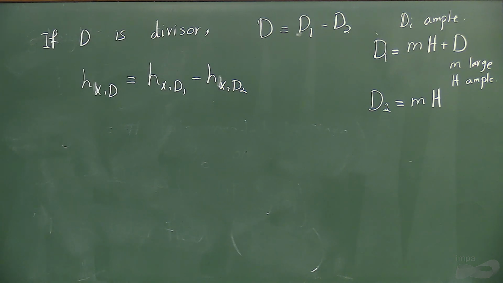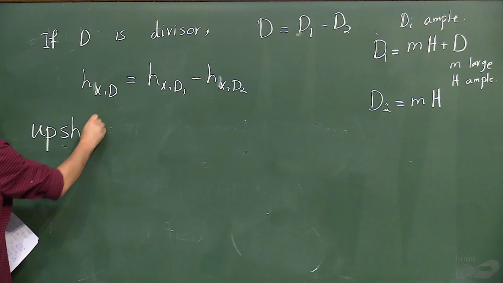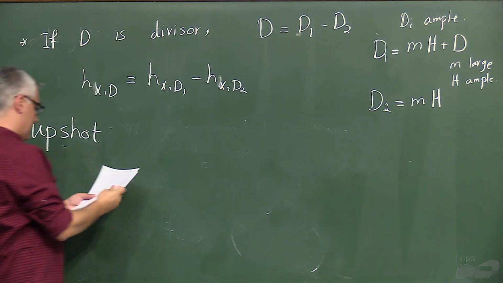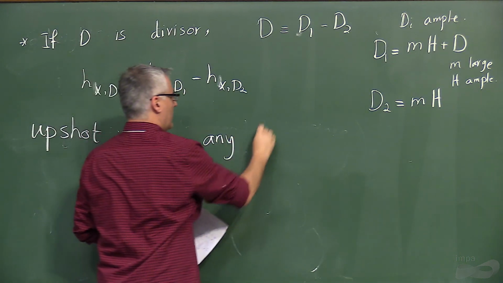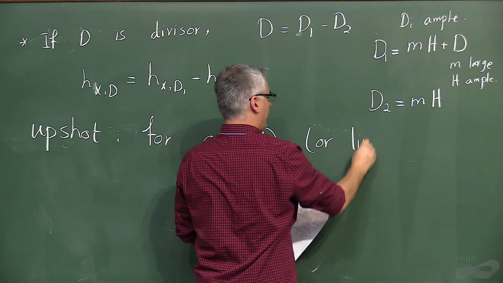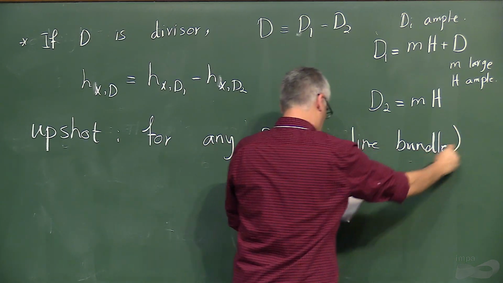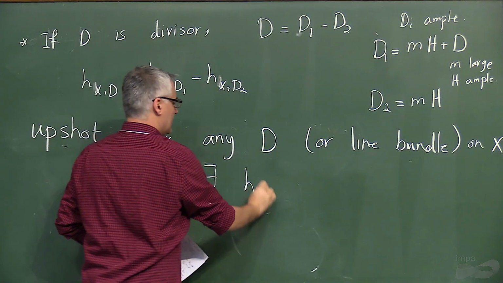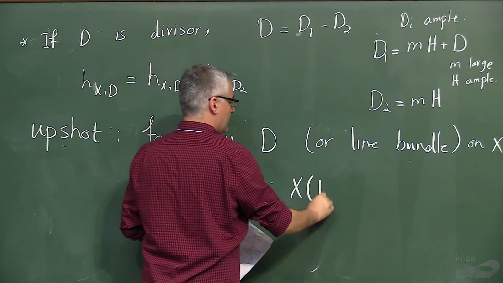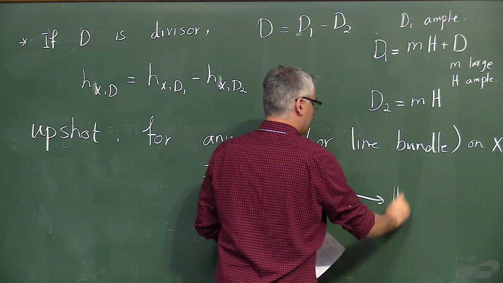What I'm trying to say is that for any line bundle or any divisor, not only ample ones, but even non-ample ones, you can have a height function. And I'm getting to this dictionary between geometry and arithmetic very soon. So the upshot, just to summarize this little discussion, is that for any divisor D or line bundle on X, there exists some h_D, which takes geometric points to real numbers.